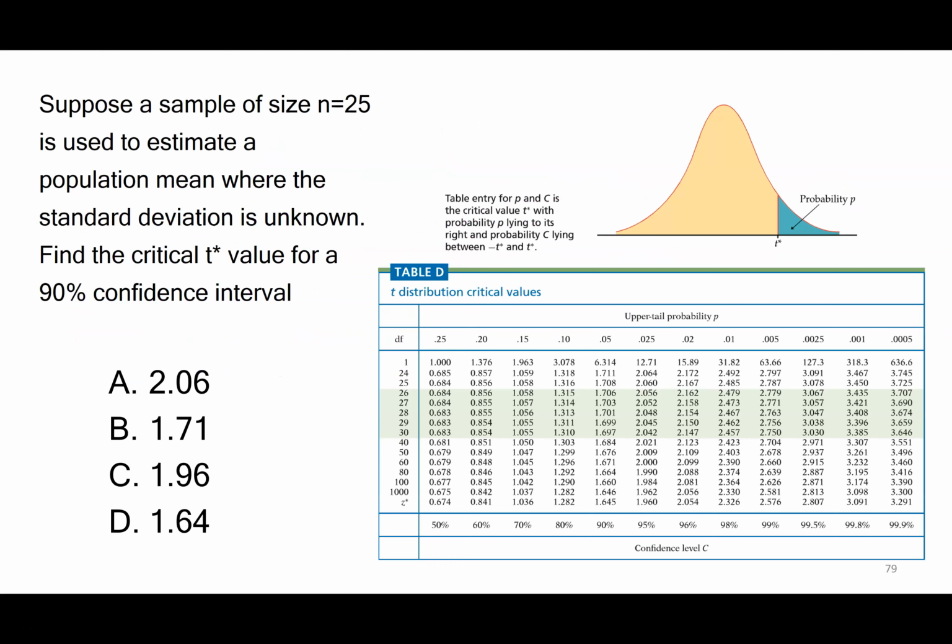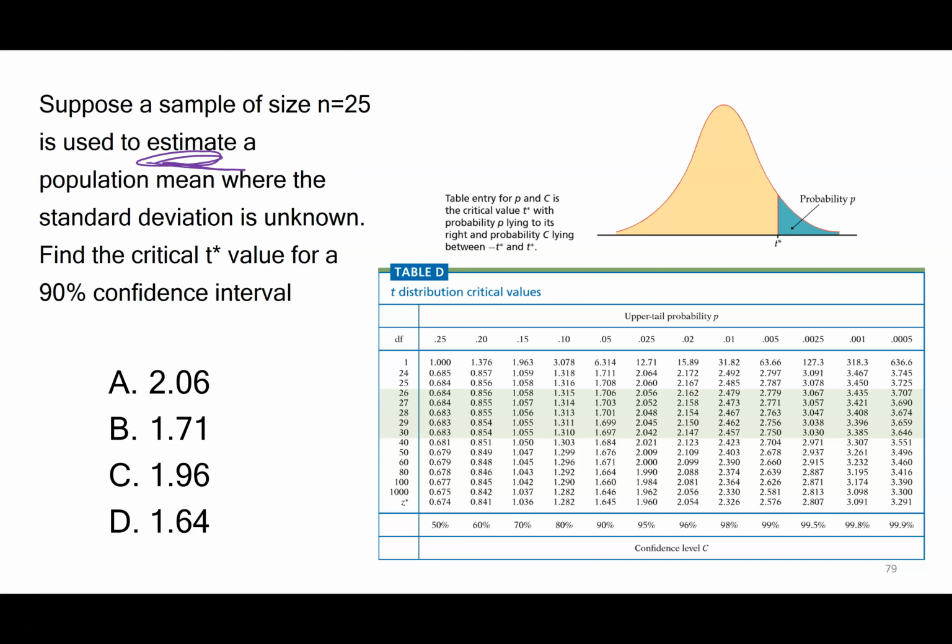So here's an example just to practice finding t-star. Suppose we have a scenario where our sample size is 25 and we want to estimate a population mean. So when we say estimate, our head should go straight to, oh, confidence interval.